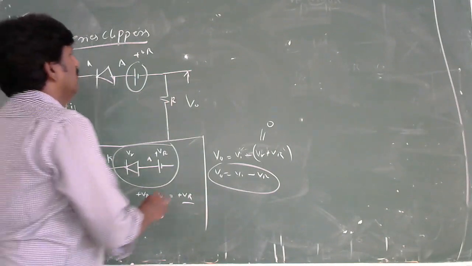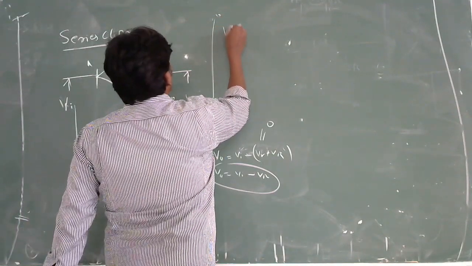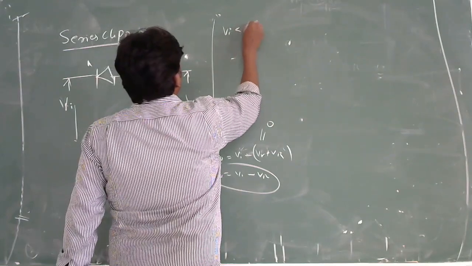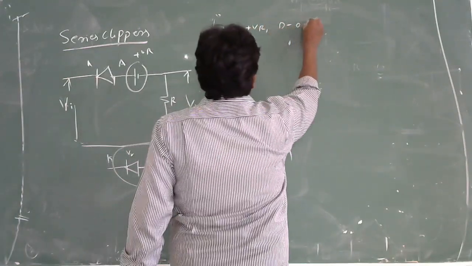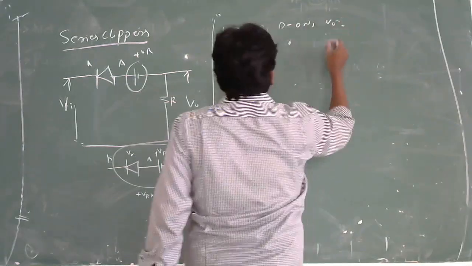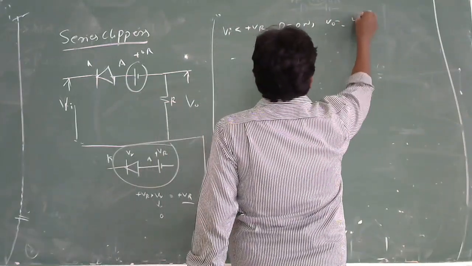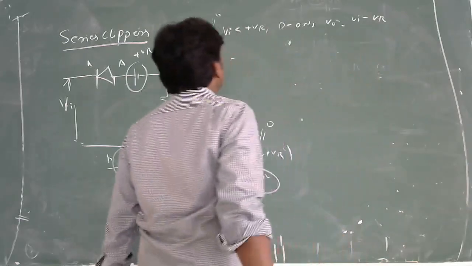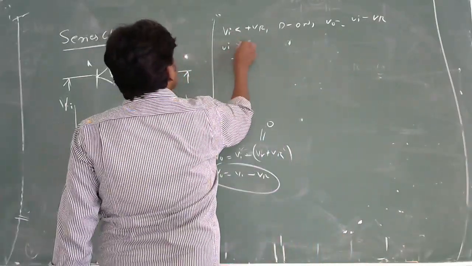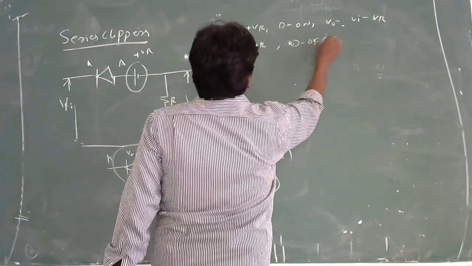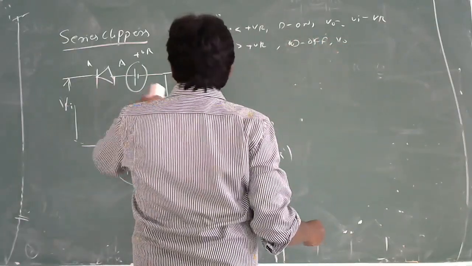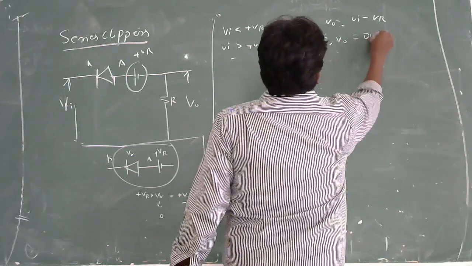Just observe here. Let me consider when Vi is less than plus VR, then the diode is in on condition, and V naught is equal to Vi minus VR. Then, suppose Vi is greater than plus VR, the diode is in off condition, then V naught is equal to 0 volts.